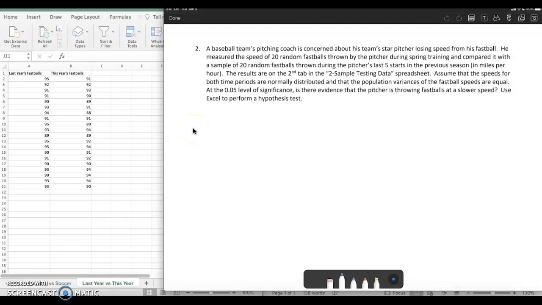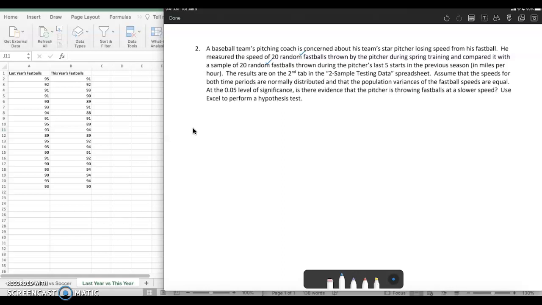Okay, so let's see. We've got to check our conditions first. It does say very clearly here that both of the samples are taken randomly. There's no one-to-one correspondence or any sort of relationship between the fastballs during spring training and the fastballs during the last 5 starts.